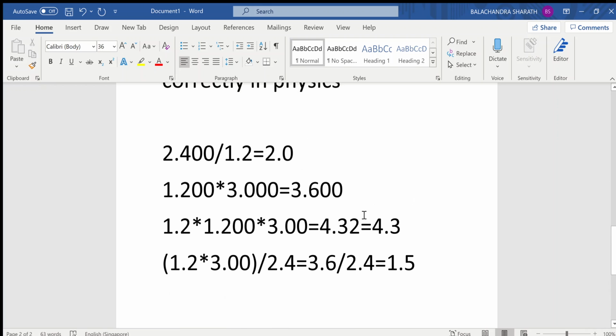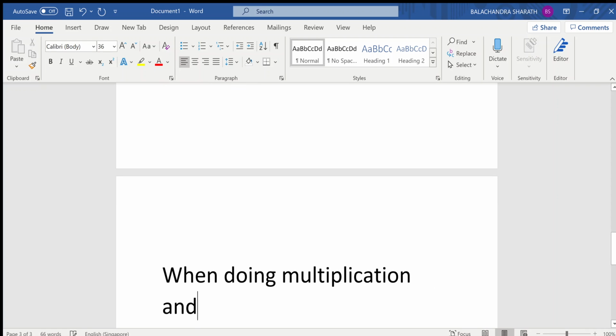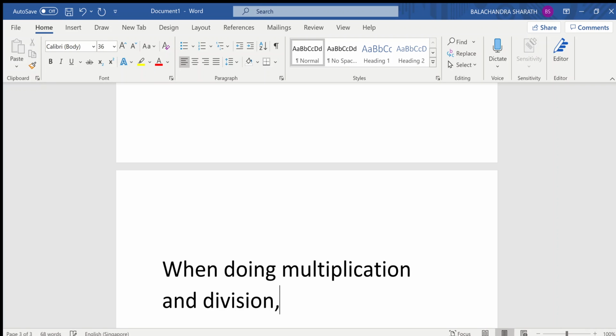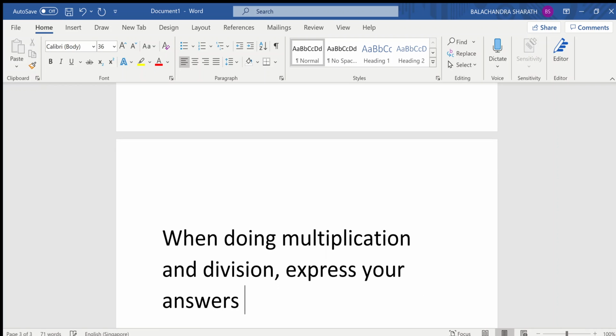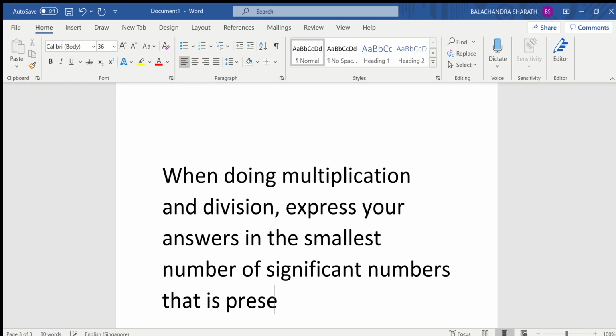So that's it. Let me wrap up this whole thing. When doing multiplication and division, express your answers in the smallest number of significant numbers that is present in one of the multiplicands.